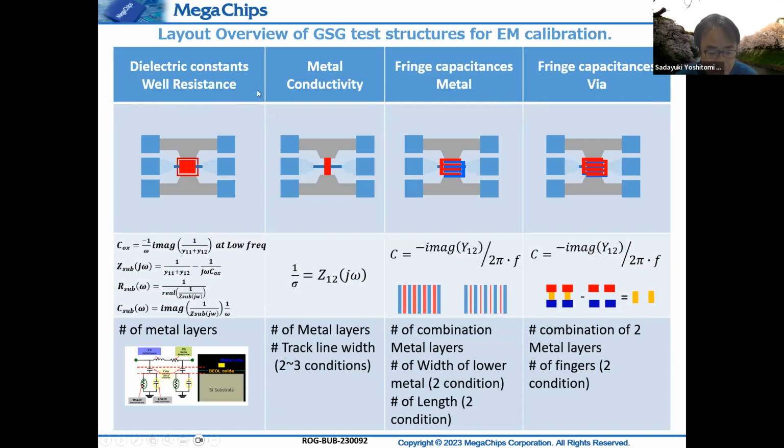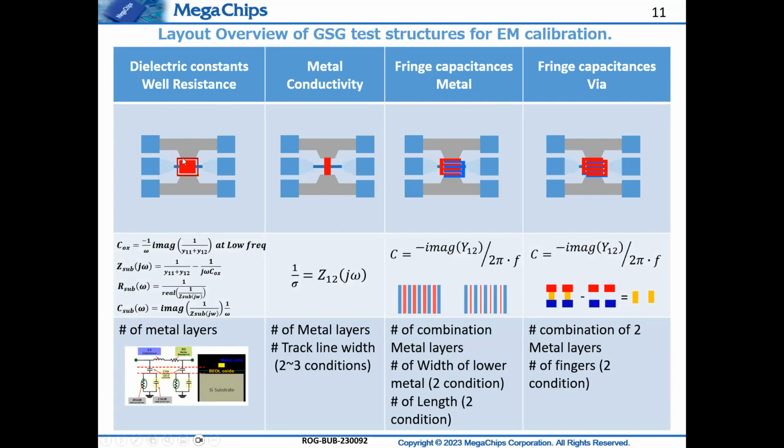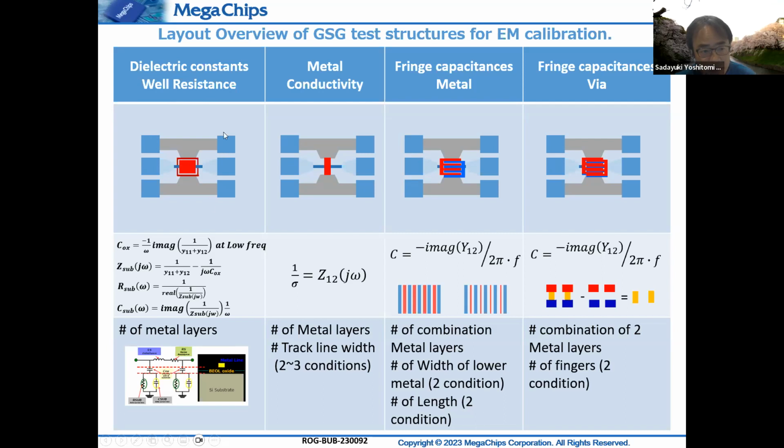The pattern for evaluating relative permittivity is shown here in this table. It is desirable to place a guard ring here to accurately estimate the substrate resistance. Usually this test structure is something like 300 microns by 300 microns, and this part represents the square shape of the metal wire line.